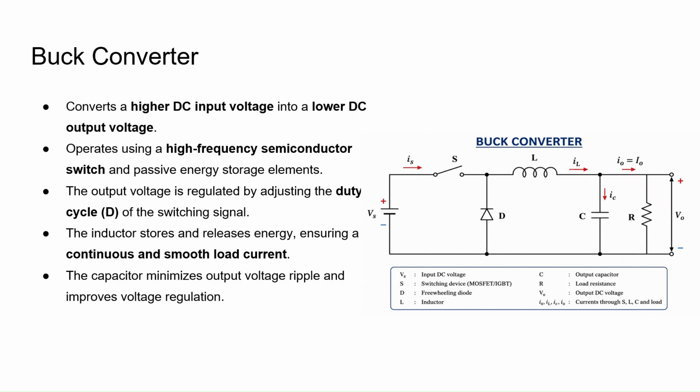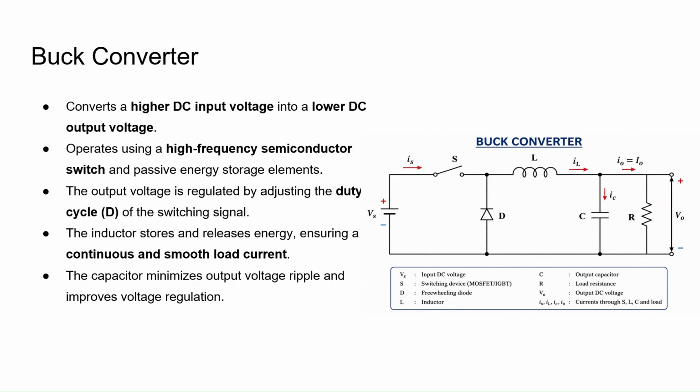So remember this in your mind. Now the capacitor which is connected across the load reduces the output voltage ripple and helps to maintain a nearly constant DC output voltage. So this is the need of the capacitor in this circuit. The output voltage is controlled by adjusting the duty cycle of the switching signal.